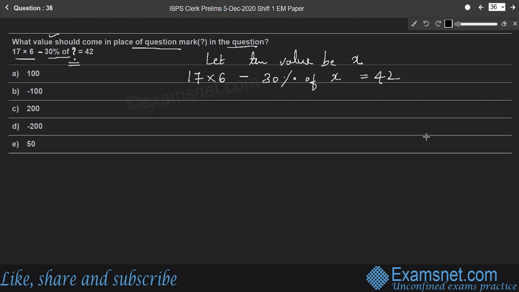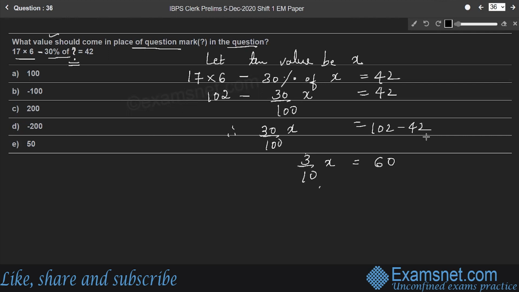So 17 into 6 is 102, minus 30% of x, which is 30 by 100 into x, is equal to 42. Therefore, 30 by 100 into x becomes 102 minus 42. Then 3 by 10 x is equal to 60. Therefore, 3x is 600. x becomes 600 by 3, which is 200.